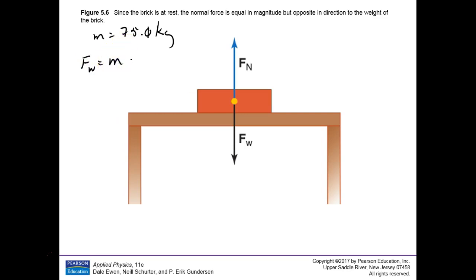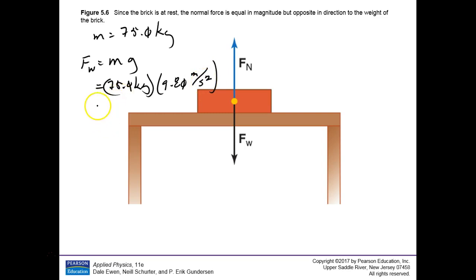M times G. M is 75.0 kilograms. And G, what G do you use? The SI, and what is that? 9.80, what units? Meters per second squared. Always have units with your numbers.